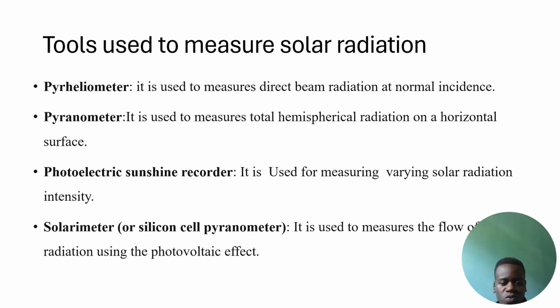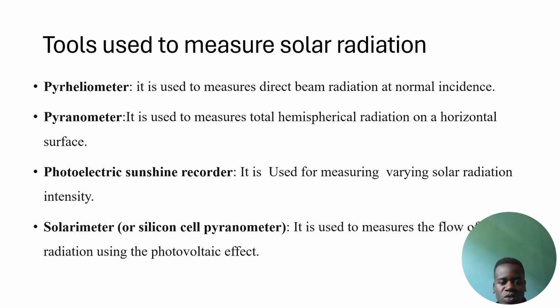This tool is used for measuring varying radiation intensity. Another one is called a calorimeter or silicon cell pyranometer. It is used to measure the flow of radiation using the photovoltaic effect.